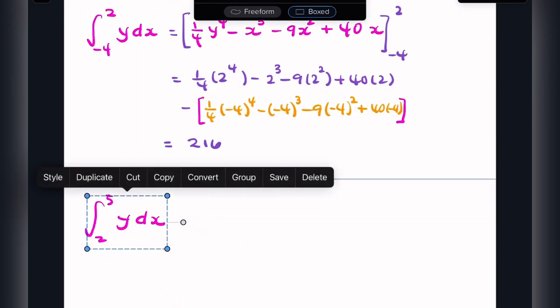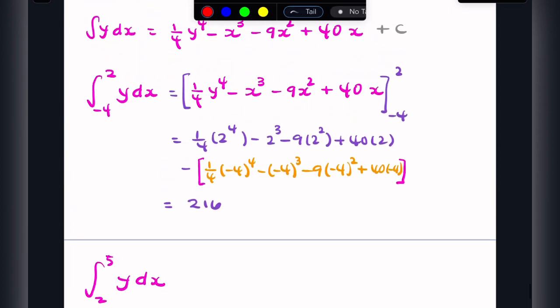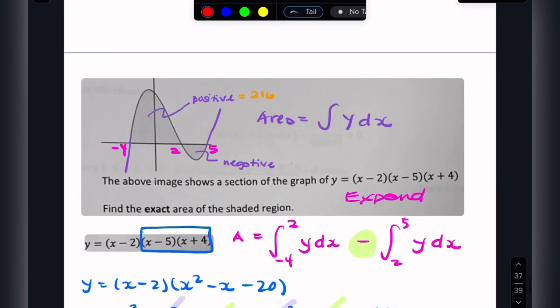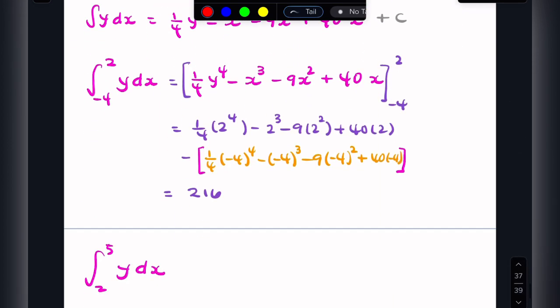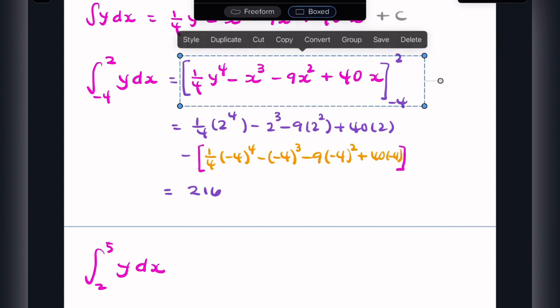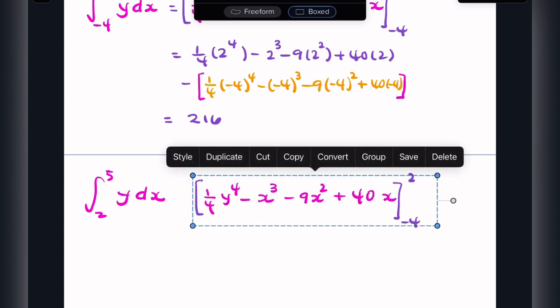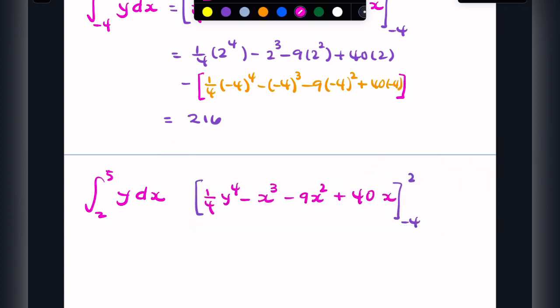So this time my limits are going to be 2 and 5. So I'm going to copy exactly the same thing I did before, but this time 2 and 5. So the limits will be between 2 and 5, and I expect the answer to be negative.